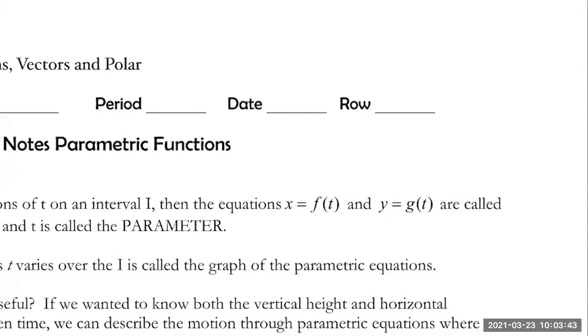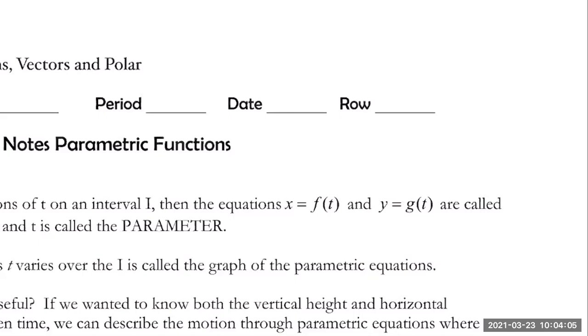If I wanted to describe what the horizontal displacement was after a fixed number of time, like after 2 seconds, then I can just work with x of t, versus y of t, which describes the vertical position after a fixed number of minutes or seconds.